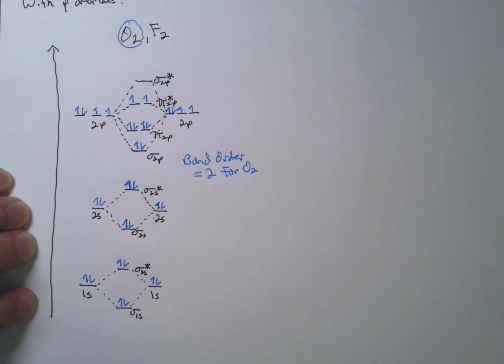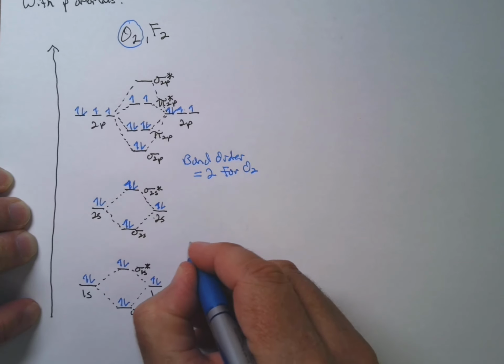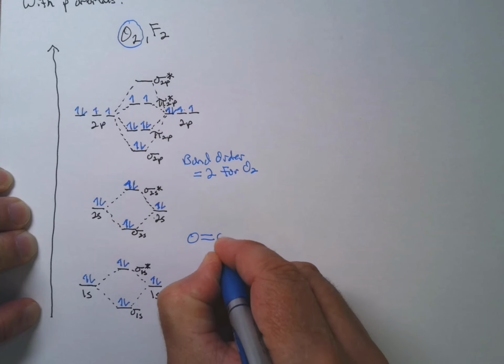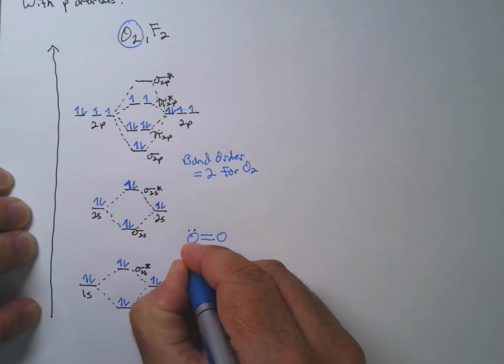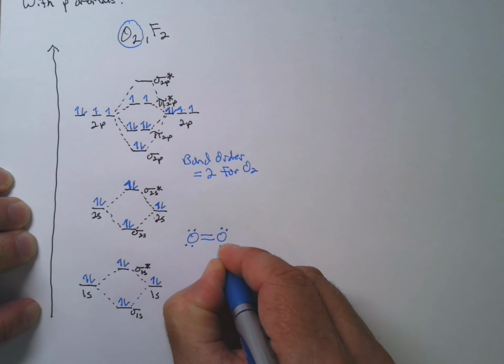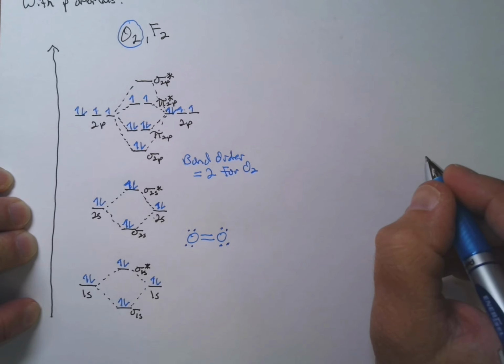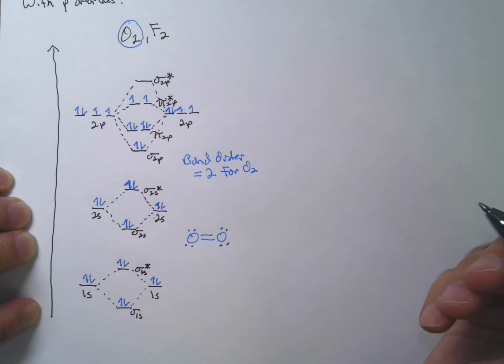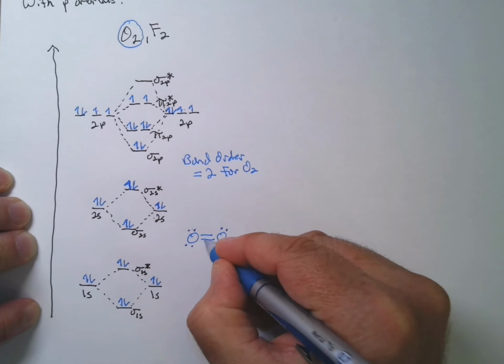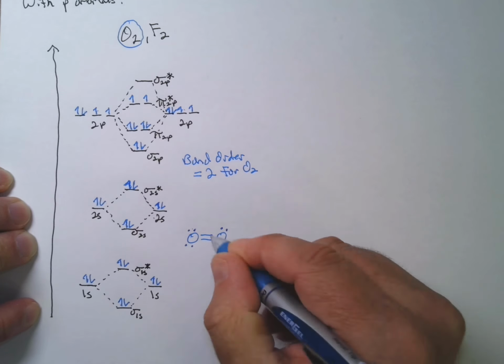So here our bond order for oxygen. Now, just as an aside, if we draw a Lewis structure, we're pretty tempted to draw this for O2. We have 6 valence electrons, so that's a total of 12, 2, 4, 6, 8, 10, 12, and we have complete octets.